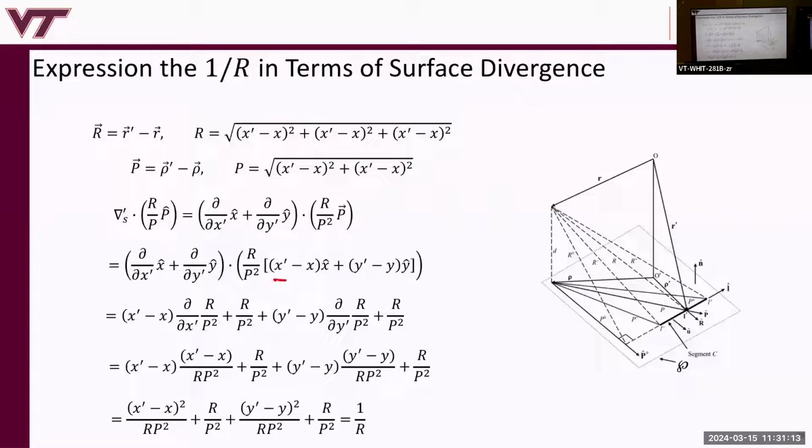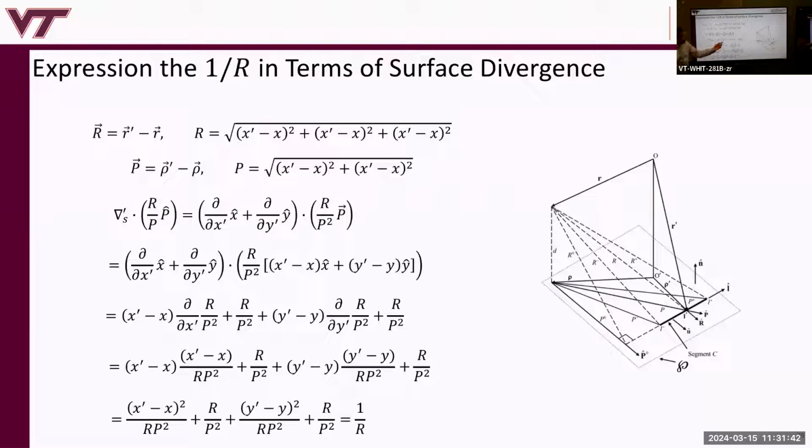So we have x prime minus x times partial by partial x prime into R over P squared. All we did was the dot product first. Plus y prime minus y into partial by partial y prime. What I'm trying to understand is why that derivative with respect to x prime. Oh yeah, the derivative with respect to x prime is 1.